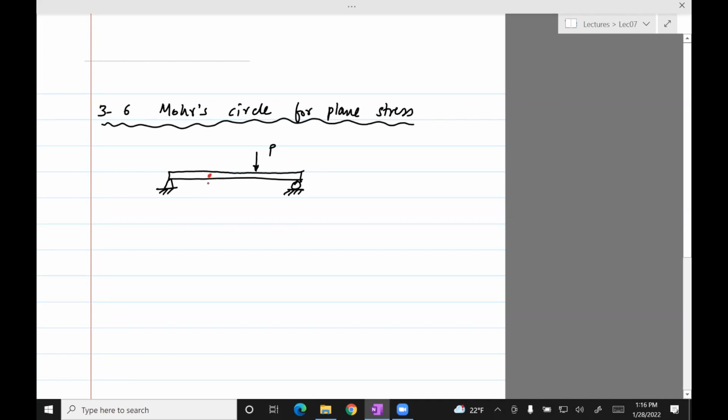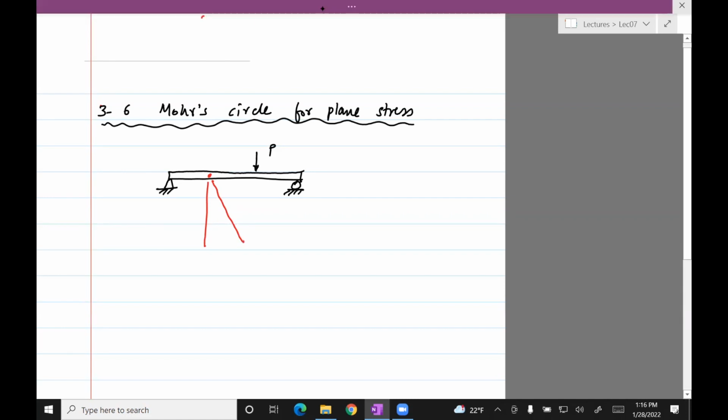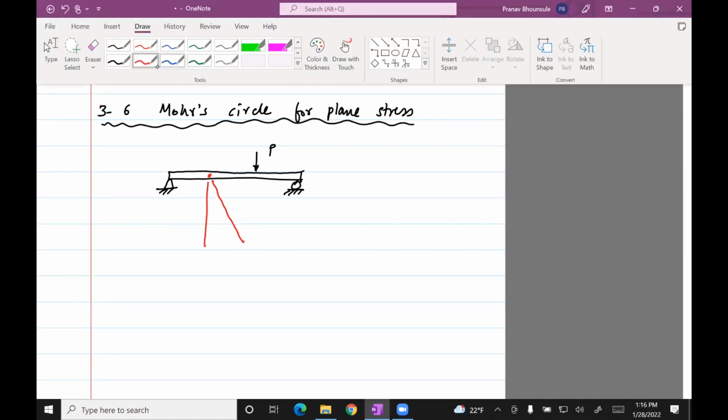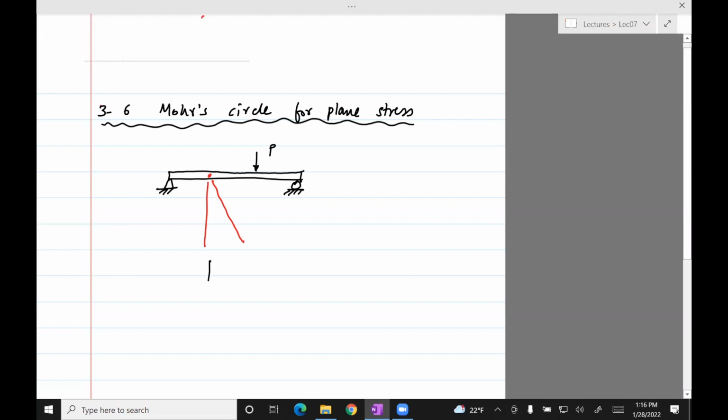So then what we need to do is blow this up, and then we would like to find the stresses on that. That is something which will come following this part. That is, given a beam, given loading on it, how do you find the stresses at some point in the beam?